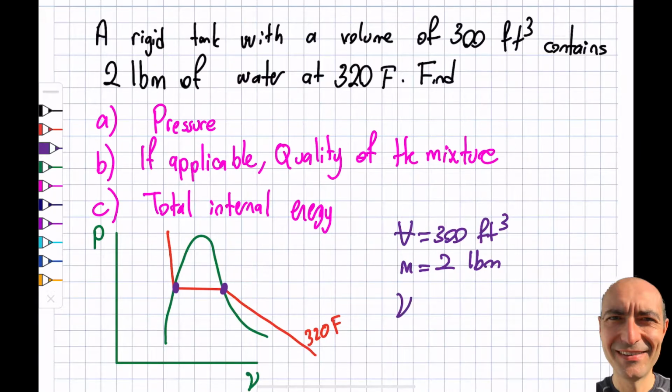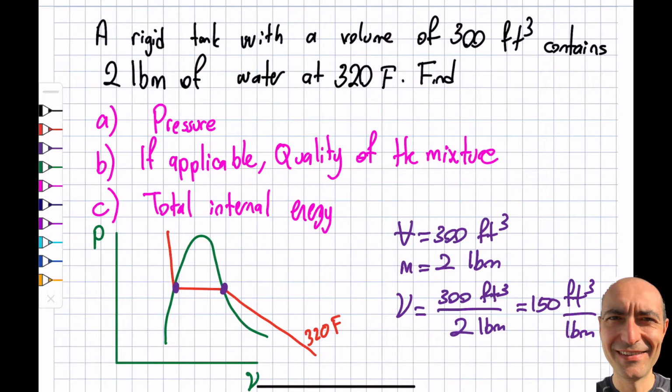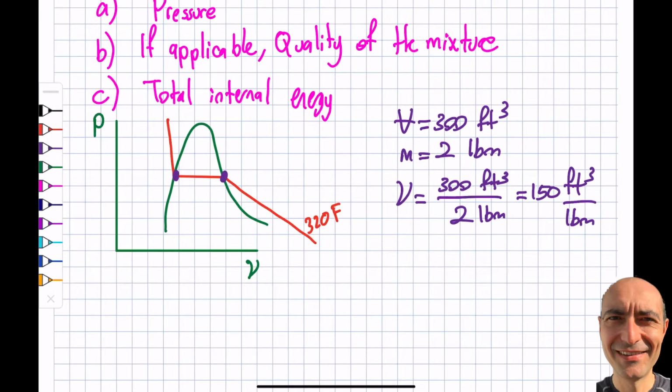So I can find exactly the specific volume for my case, which will be 300 feet cube divided by 2 pound mass, so 150 feet cube per pound mass. Now the question is, where is 150 feet cube per pound mass? Is it here? Is it here? Is it here? Is it here? My analysis will be quite different depending on it. So my goal is to find these two values right over here.